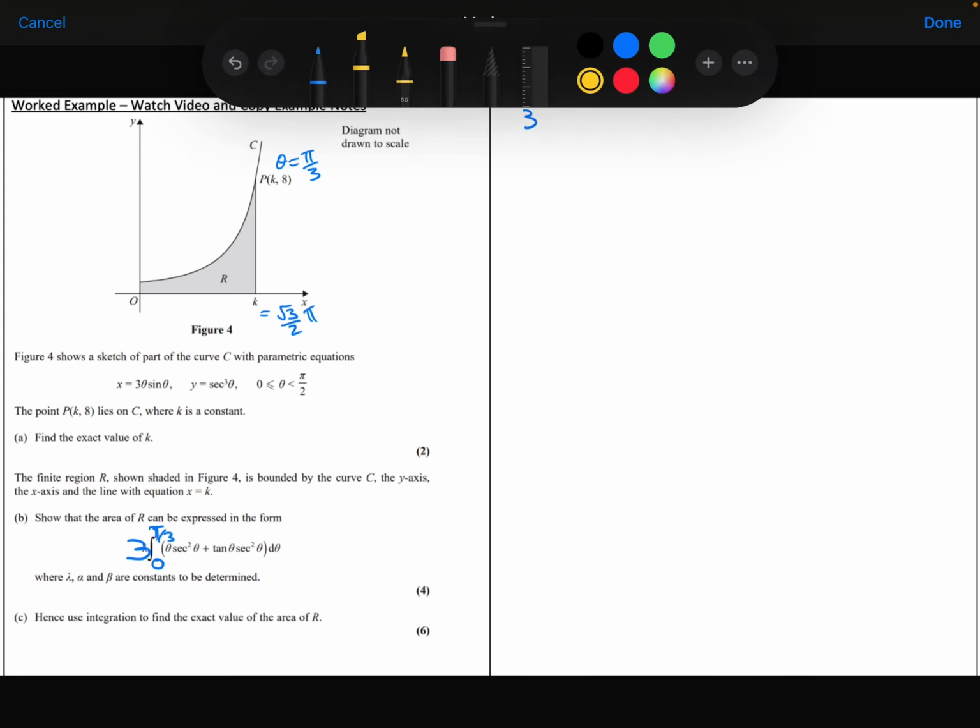Let's not worry about the theta sec squared either. Just focus on the tan sec squared there. That tan sec squared there is really easy to integrate. That's the reason why they've told us to write it in this form.